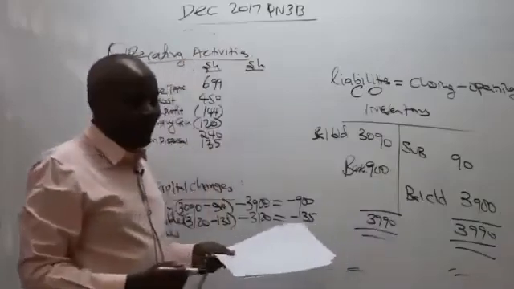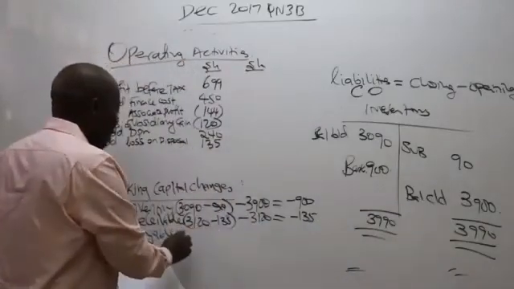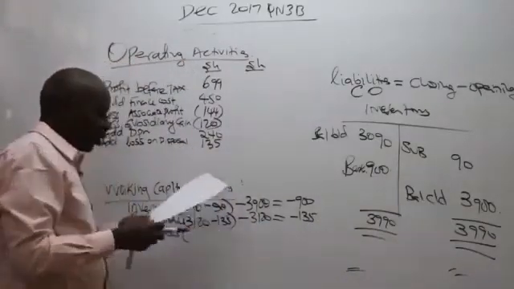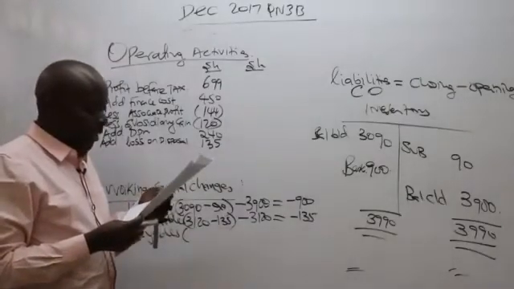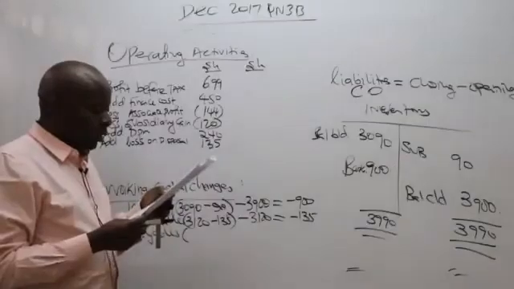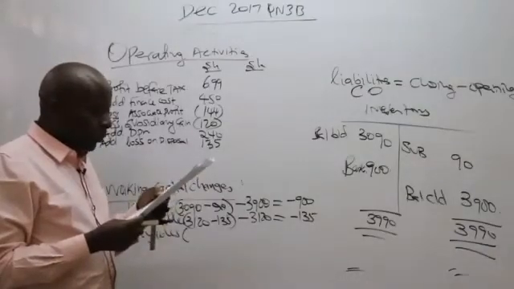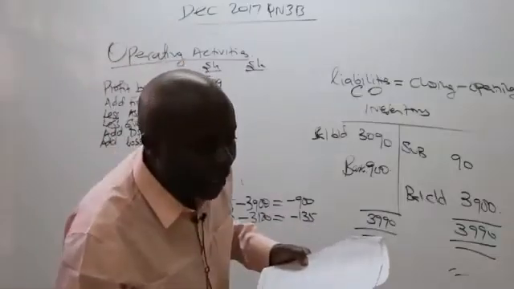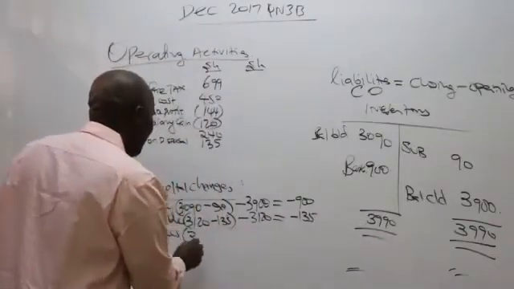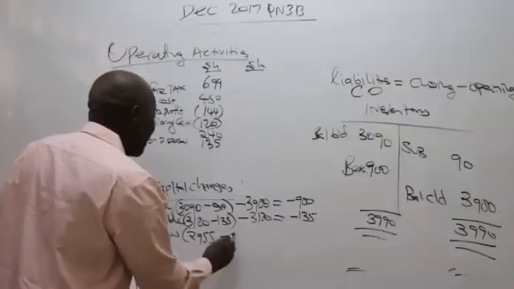Closing minus opening. So unajiuliza, what was the closing payables figure? Wanasema ni 2955. So wanasema 2955 minus the opening.